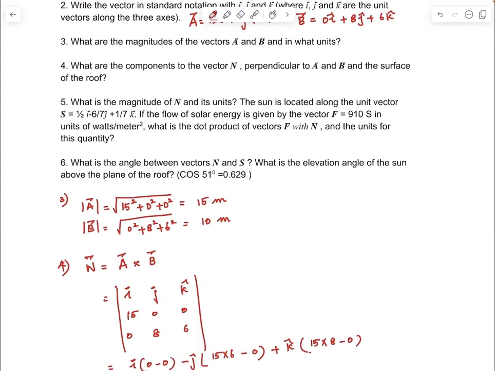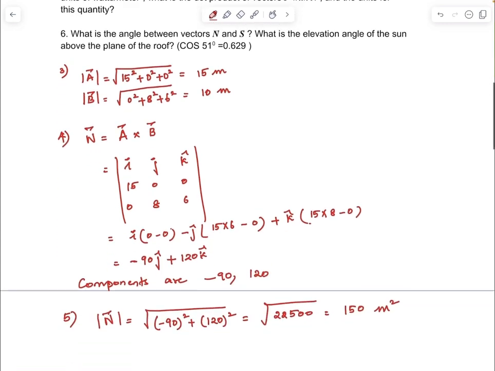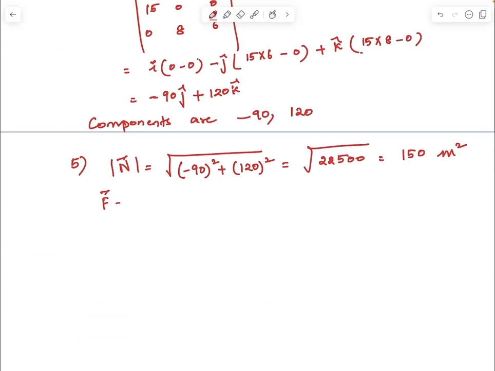The sun is located along the unit vector S. If the flow of solar energy is given by the vector F, which is equal to 910 times S in units of watts per meter square, what is the dot product of F and N and the units of this quantity? The question says F vector is 910 times S vector.